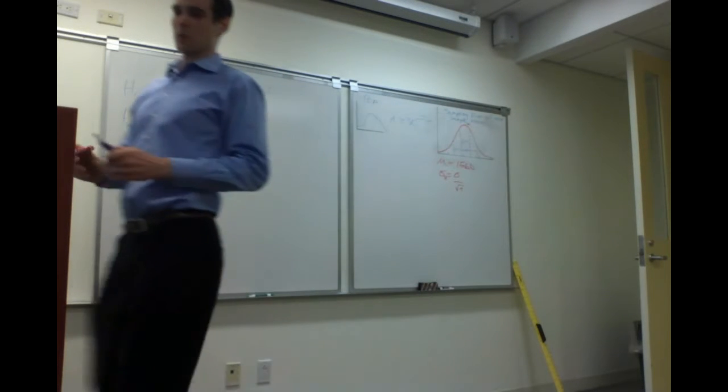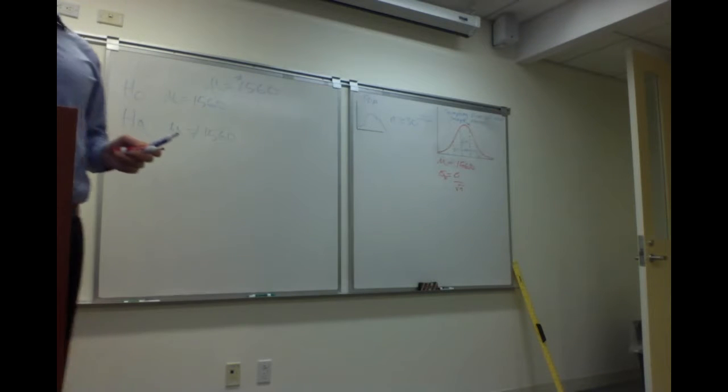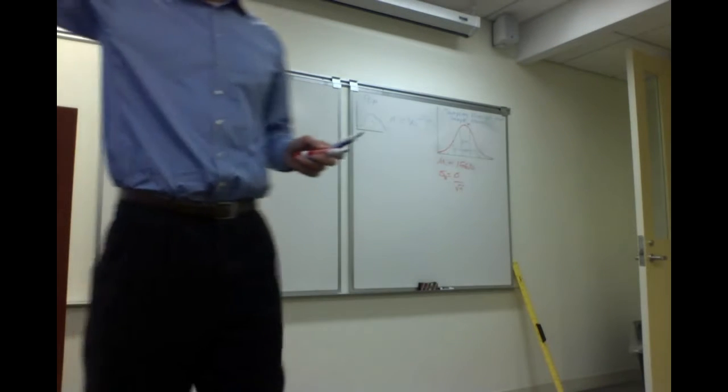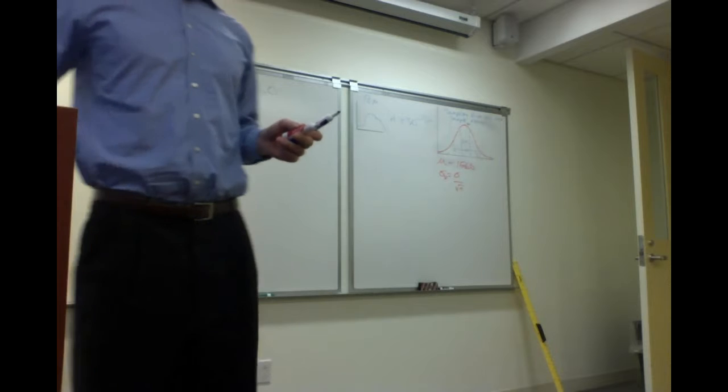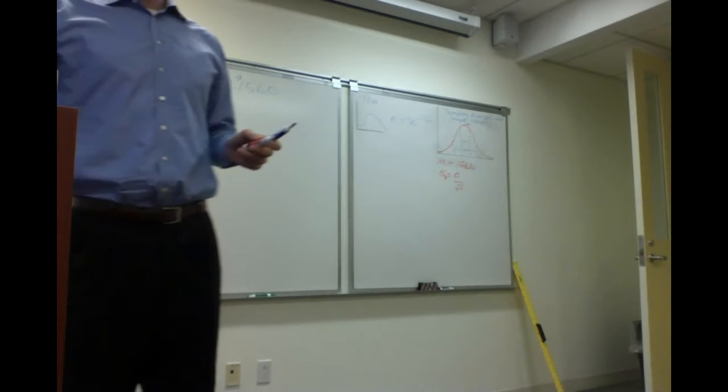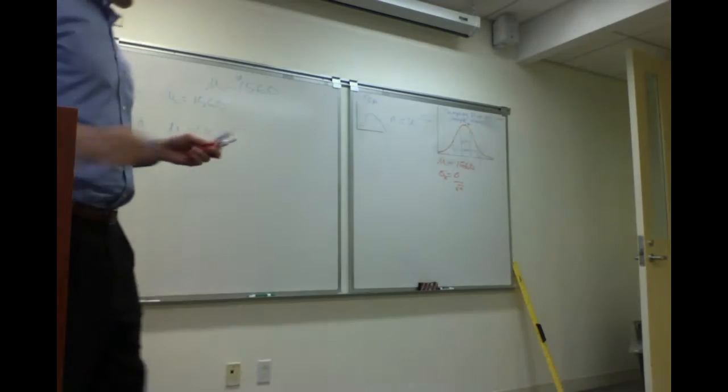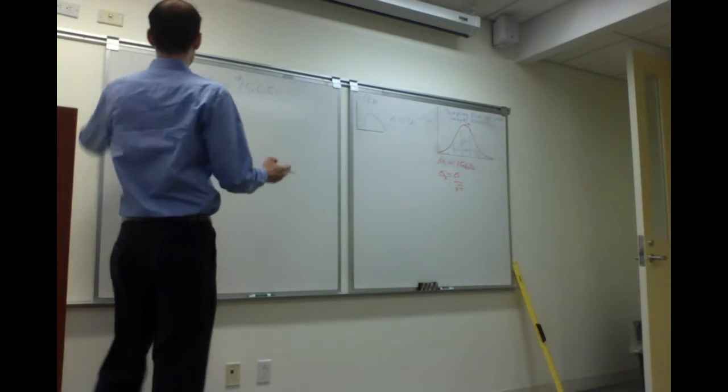Let's put some numbers to our research. Let's suppose we go out, we take a sample of 50, and we get a sample mean of 1586. So, this is what we're working with.